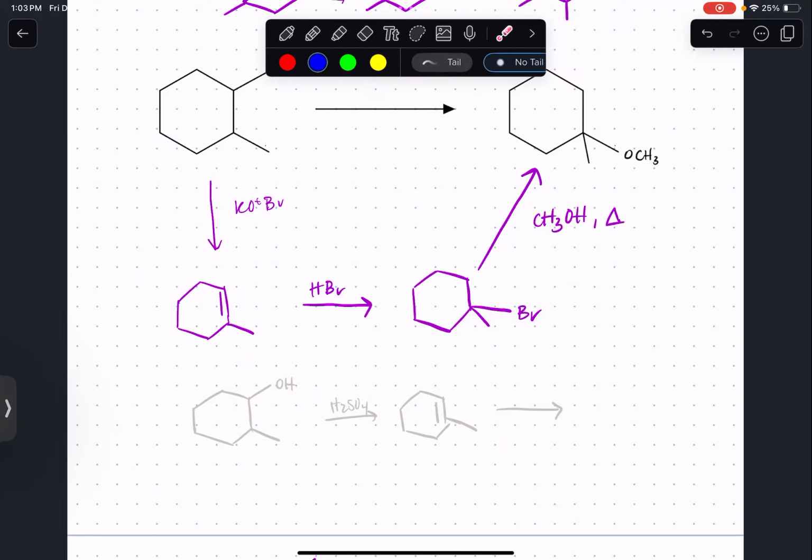And then what did you do after that? CH3OH was the last thing I did because I had the carbocation in the bottom right, and then I did CH3OH, and then I had the H leave because the oxygen had a positive charge. Yes, I see.